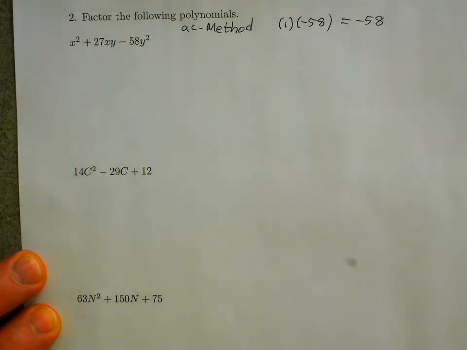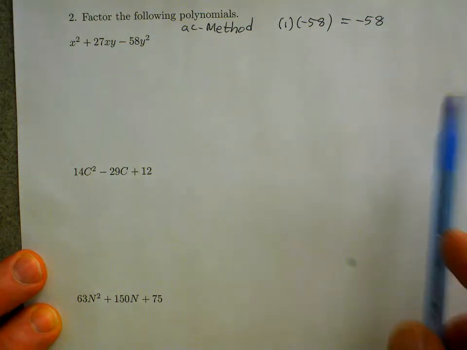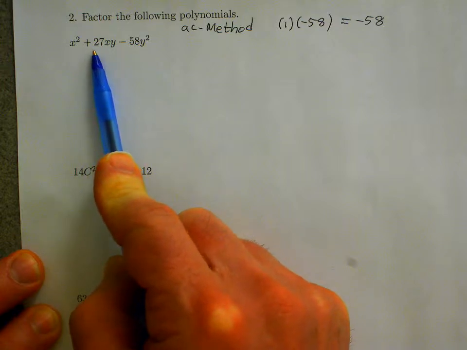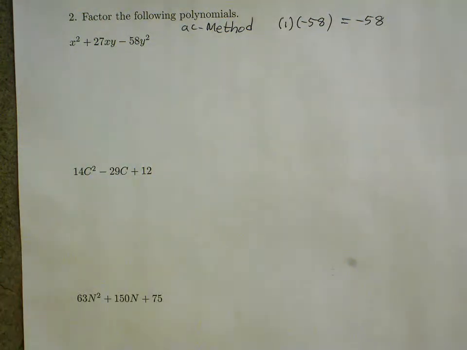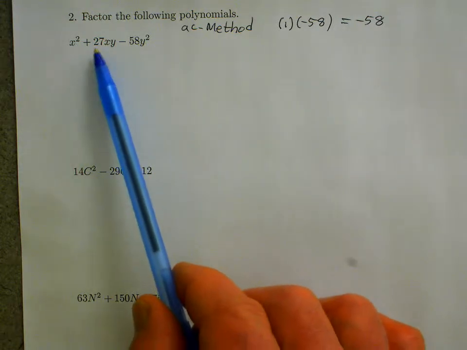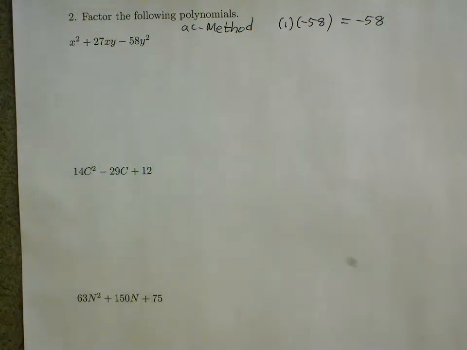Since they have to add up to positive 27, the one with the largest absolute value has to be positive.